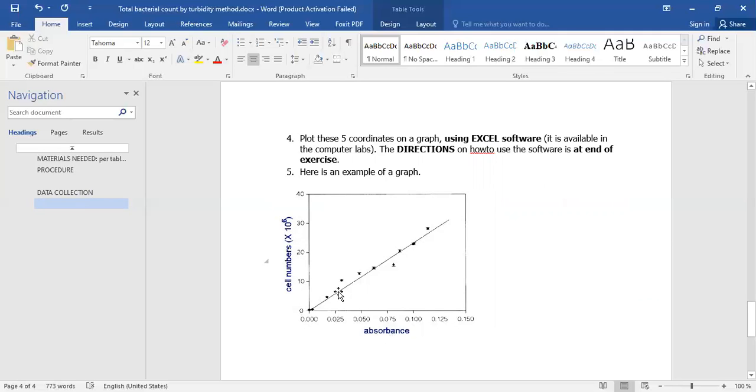The standard graph will indicate that the more the absorbance, the more the bacterial number, and the less the absorbance, the fewer bacteria are present. According to this data analysis, we will get a standard graph which will indicate the number of bacteria directly, because the total bacterial count by turbidity method is a direct method.